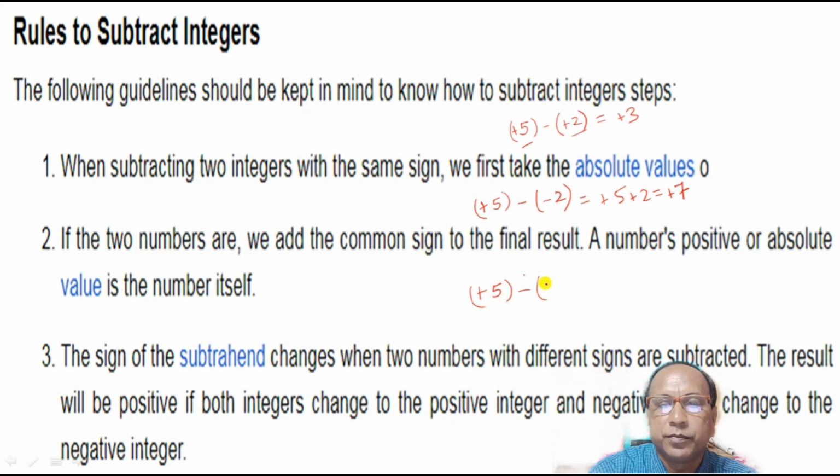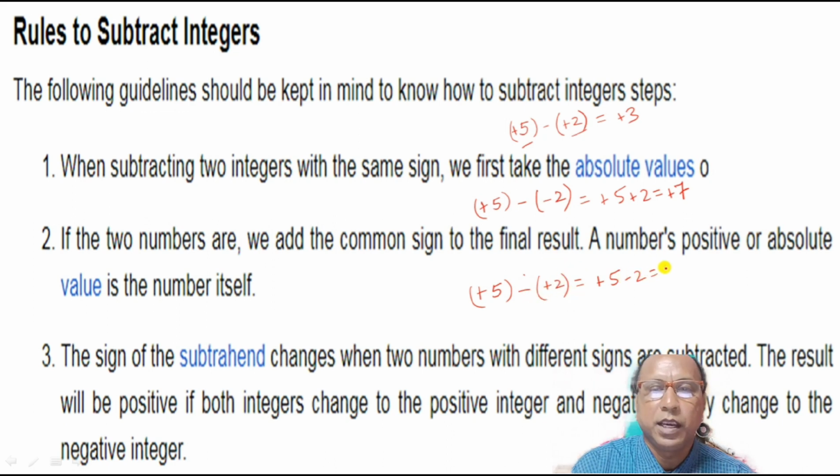Plus 5, minus into plus, I already told you that minus into plus is minus 2, and the result is plus 3. In this way you can subtract any numbers, right? These are the different rules to subtract integers, right?